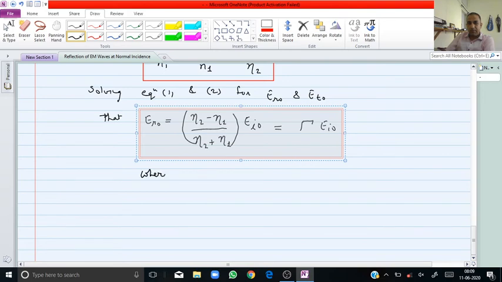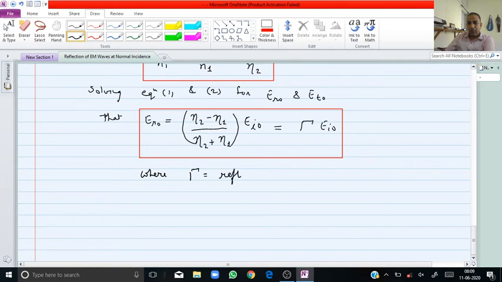where R is equal to the reflection coefficient, that is E R naught divided by E I naught is equal to eta 2 minus eta 1 divided by eta 2 plus eta 1, which is actually the reflection coefficient.